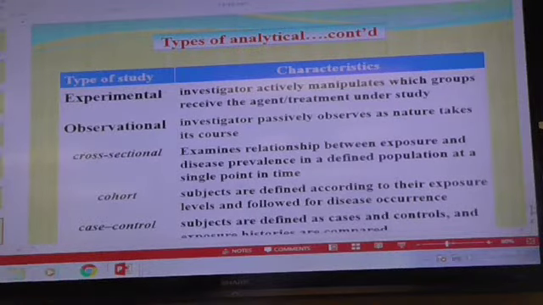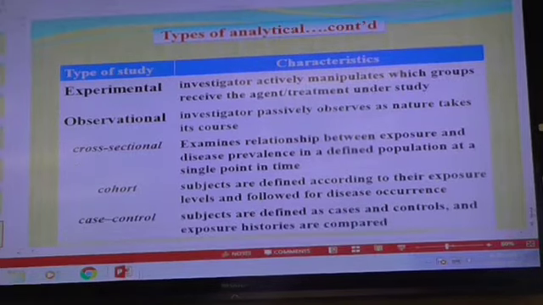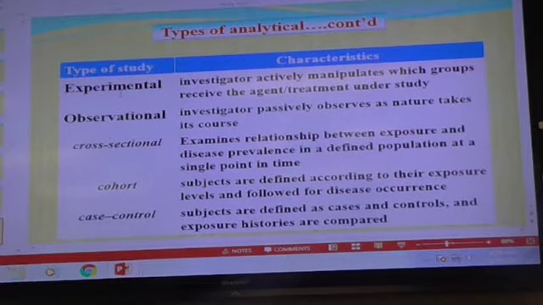So this is a table of what I talked about. Based on that classification, we have these different types of studies. Experimental, as I said, the key here is that the investigator manipulates which group receives the agent, treatment or exposure under study.